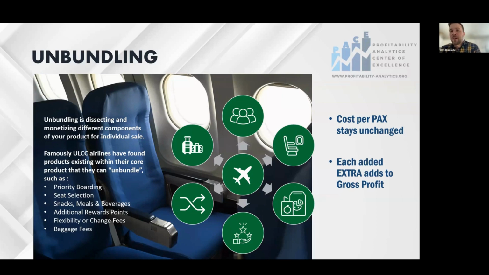Everyone says they have brand loyalty, but often they're searching by price, and if the price lines up with the time that you want to fly, that's usually the one you go with. So the way these ultra low cost carriers have become competitive is by parsing out the different portions that they're capable of offering anyway, but making them ancillary revenue streams.